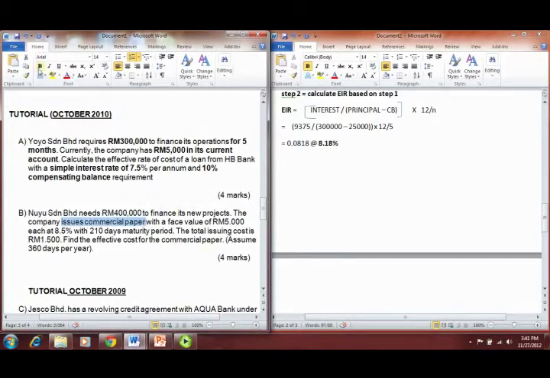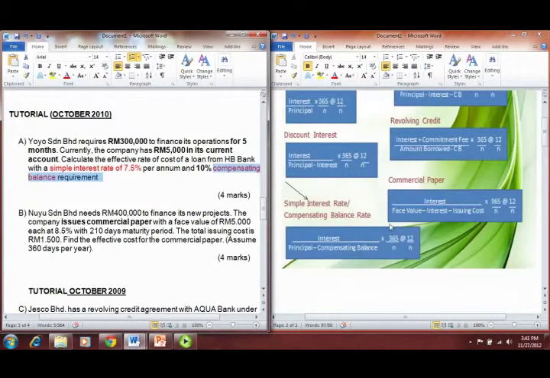What is the term now? Commercial paper. In your question A just now, the first term was your simple interest rate, correct? Second was your CB. So before you extract information, you can identify which formula you need to use.